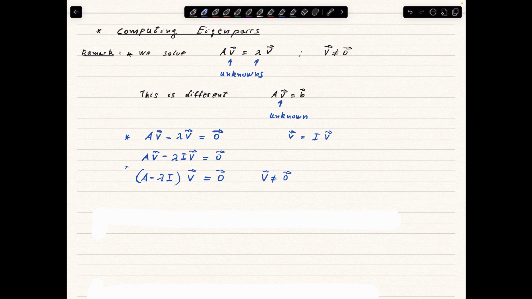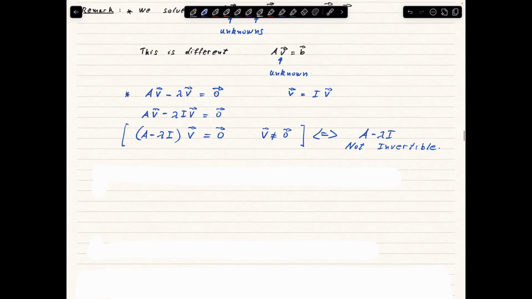This statement here says that this is equivalent to saying that the matrix we have over there, A minus lambda I, is not invertible. So let's see, why is that? Well, we know something about invertible matrices.